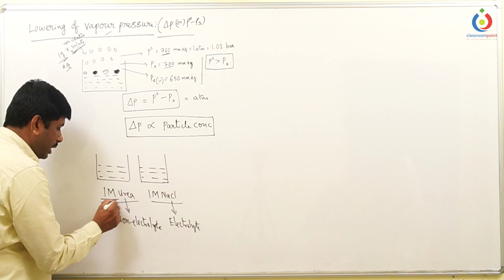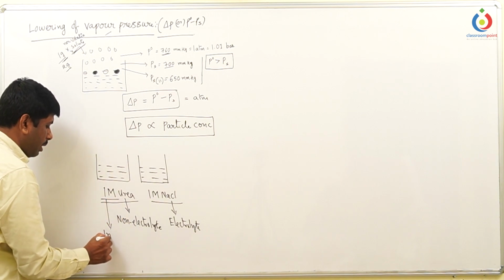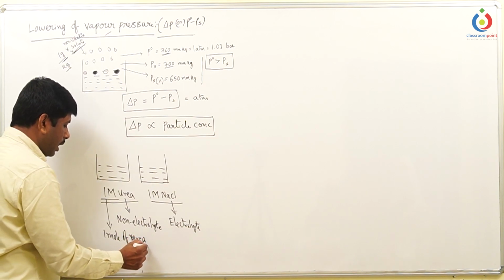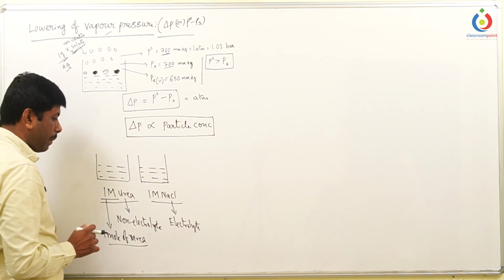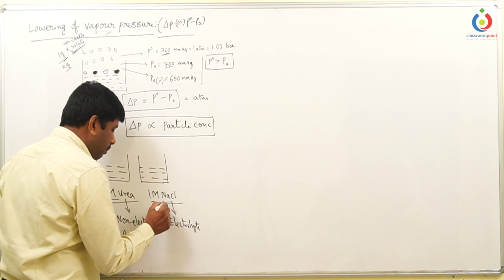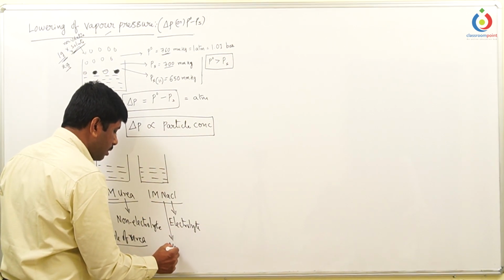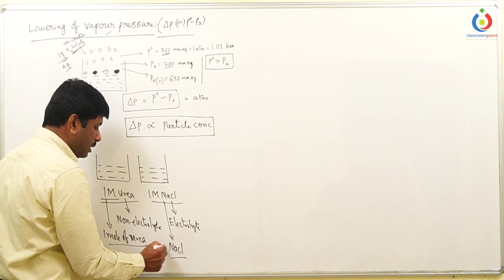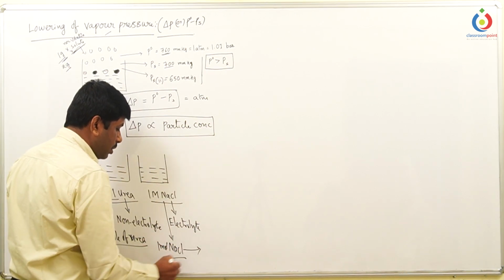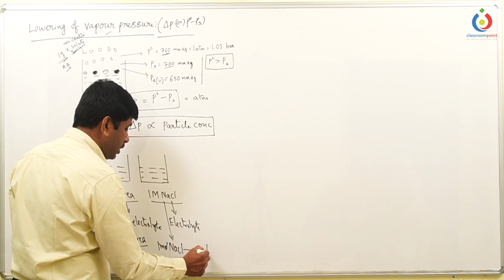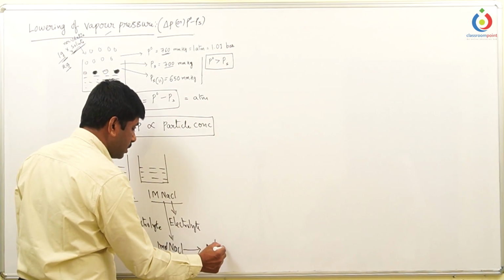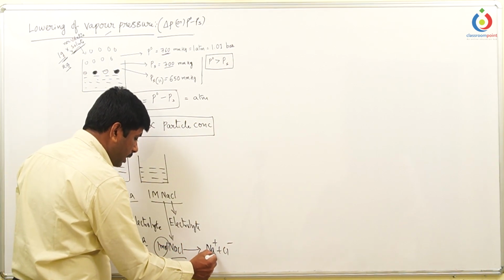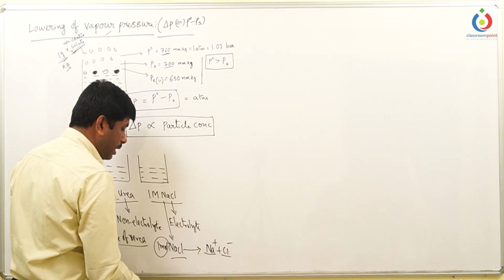So 1 m urea stands for 1 mole of urea molecules present in the solution. But in this case, 1 mole of NaCl, when you dissolve it in water, dissociates into Na plus and Cl minus ions. 1 mole gives 1 mole of Na plus ions and 1 mole of Cl minus ions.